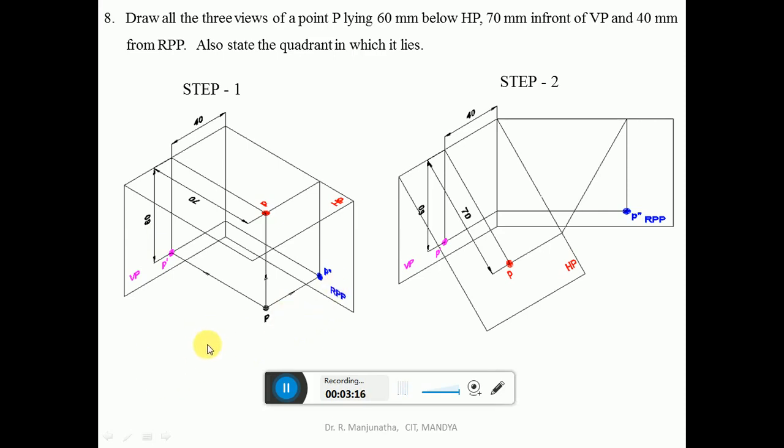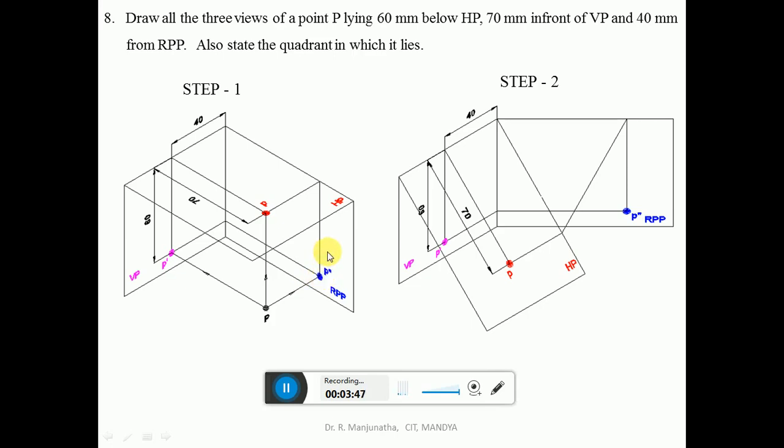So when we look from the left side view, the object is in front of RPP. Here the condition given is in front of VP, so from RPP also it should be in front of RPP. This condition is satisfied only when you look from the left side view. So the image we get in the right profile plane in the fourth quadrant is the left side view.